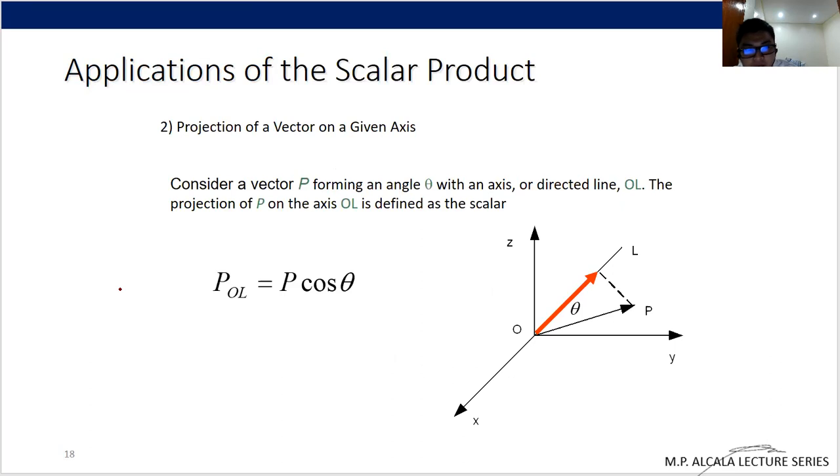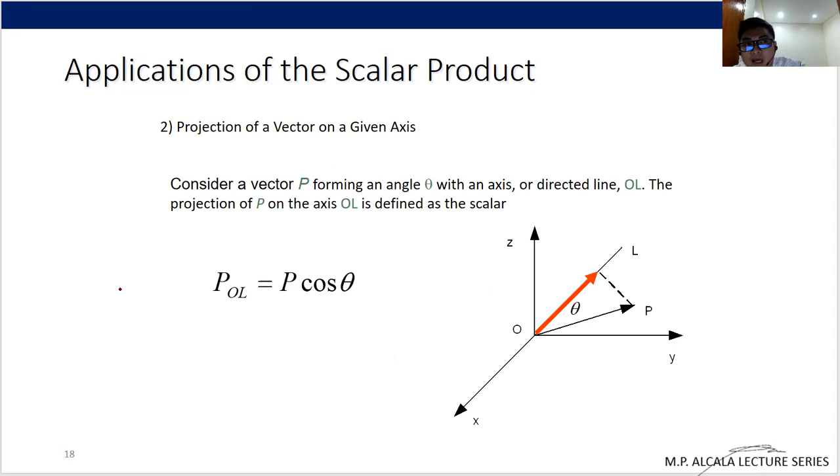So, for the projection of a vector on a given axis, consider a vector P forming an angle theta with an axis or directed line OL. Kasi merong application to. This will have an application for us on moment of force about a line.